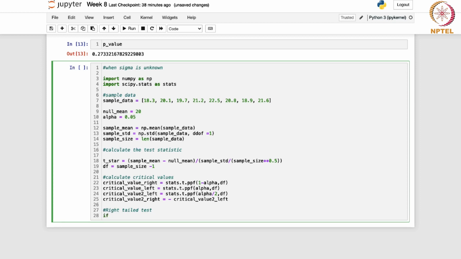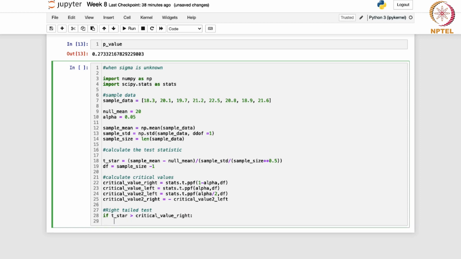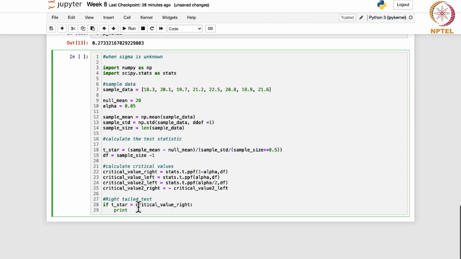You will write if t score is greater than t star is greater than your critical value underscore right. If this holds true, you will print "right tail test, you will reject H naught."